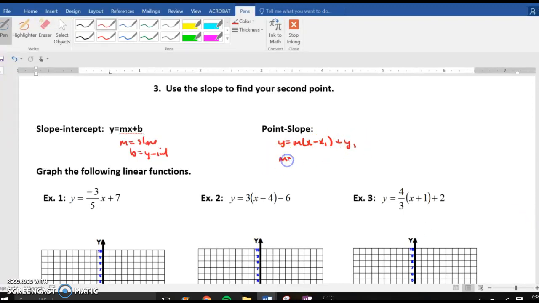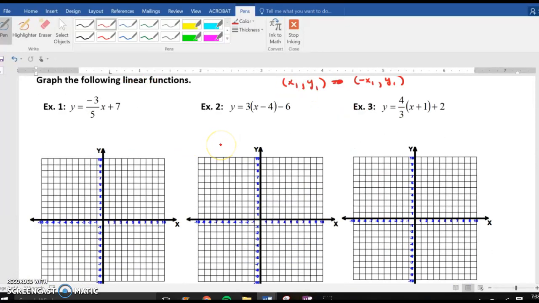You get m is the slope, but then you get a point, which is (x1, y1), but you want to think the opposite of x1, because when you pull it out, that sign's going to change, and y1. So the first example here, right away, I know this is the y-intercept. So I know a point is (0, 7).